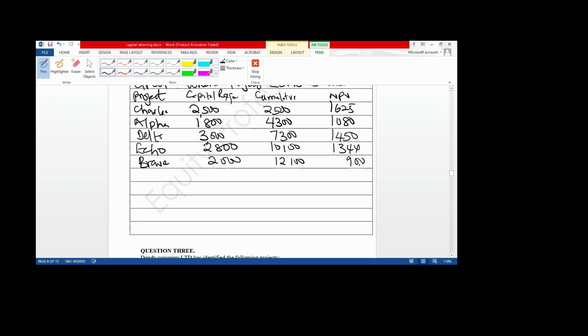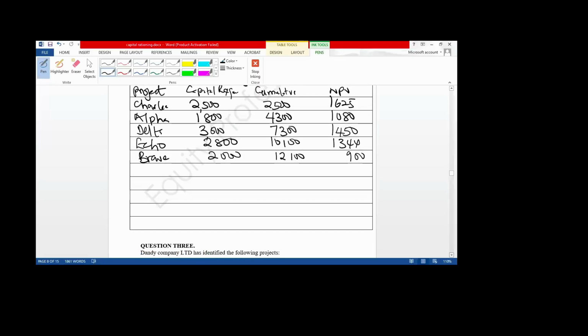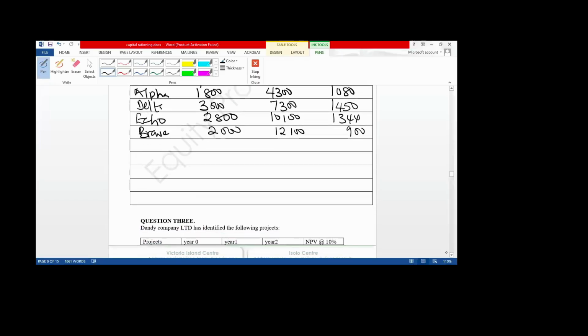The balance is 900. Look at surplus funds. Don't worry. That means we are left with 900.